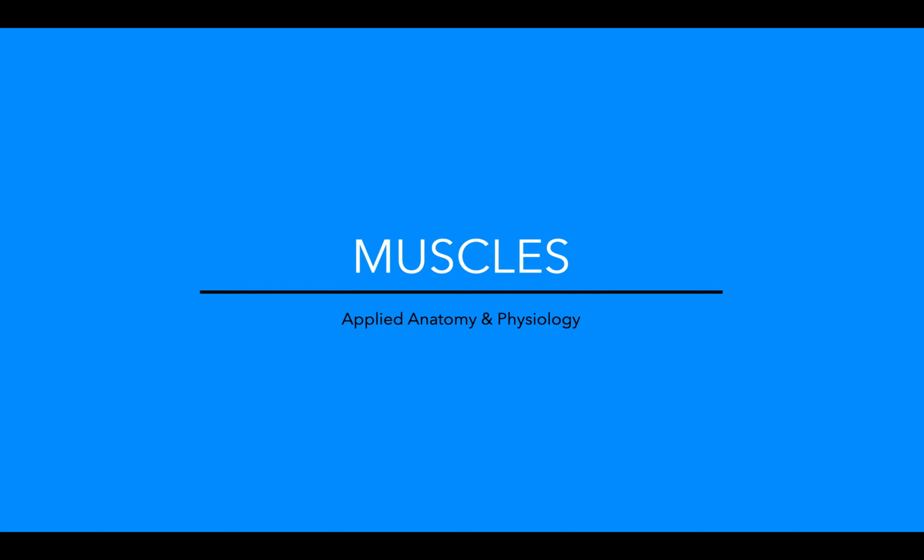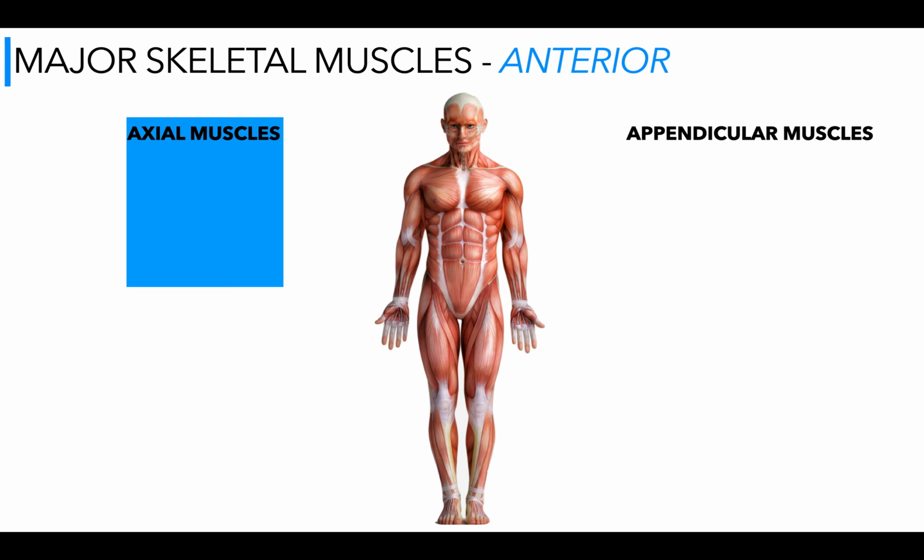We'll start off with the major skeletal muscles, and I'm just going to quickly flick through these because, as I've said, we're going to go into a little bit more detail. So we have the axial muscles, which are the rectus abdominis and the external obliques. Now we have others that you can't see, which we'll go on to a little bit later. We have the deltoids: anterior, middle and posterior.